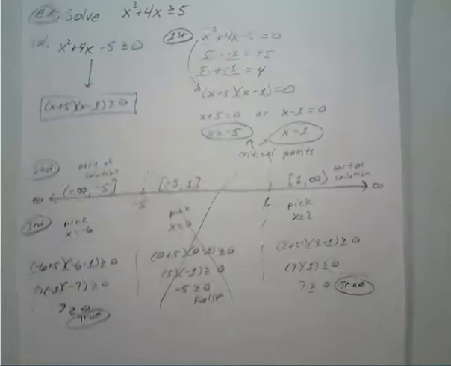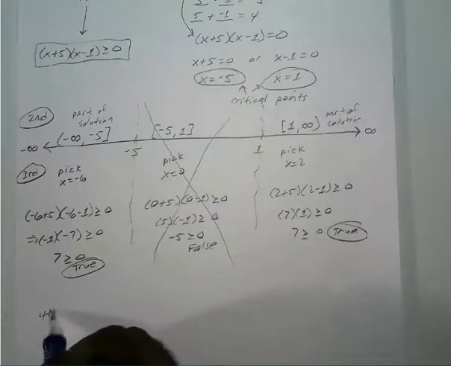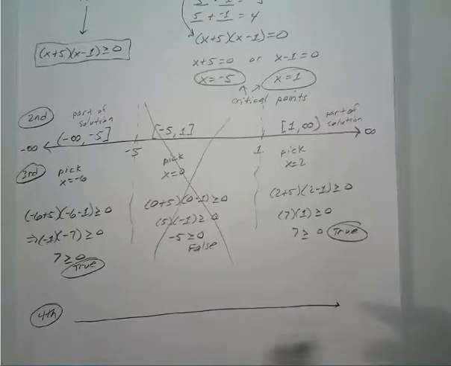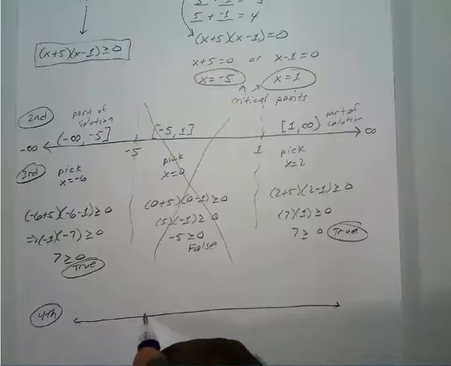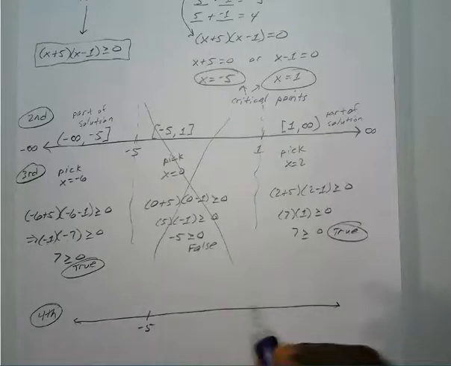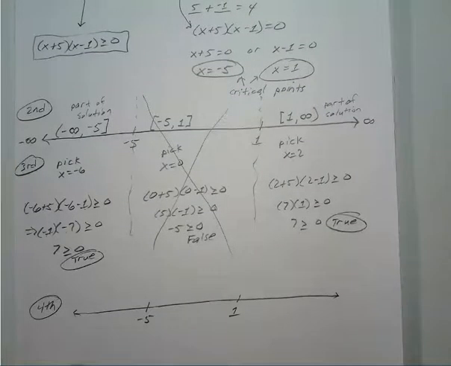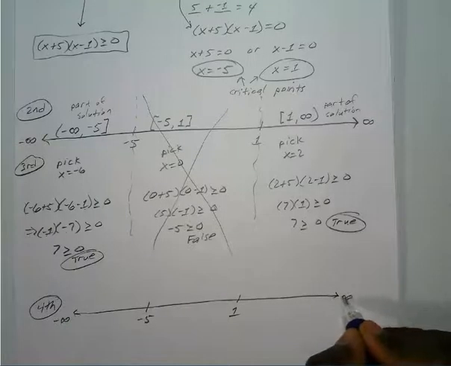Okay, which brings us to our fourth step, where if you had to graph it, again, you'd make your number line, put your critical points on it. Okay, so we know from negative infinity to negative 5 is true. So that's negative infinity, that's positive infinity.